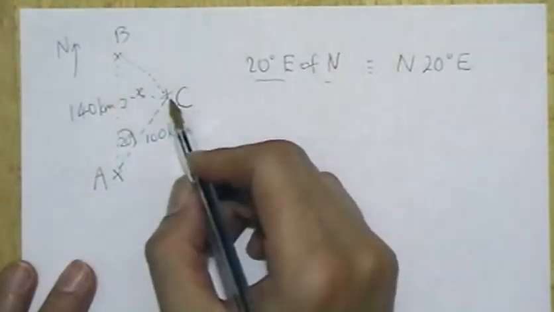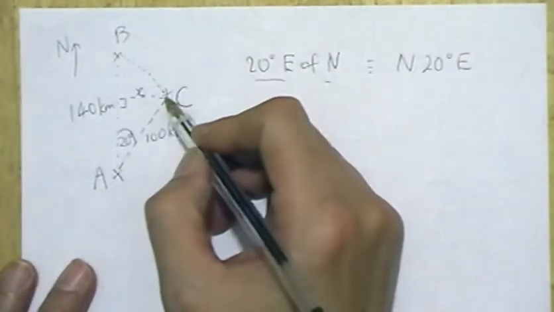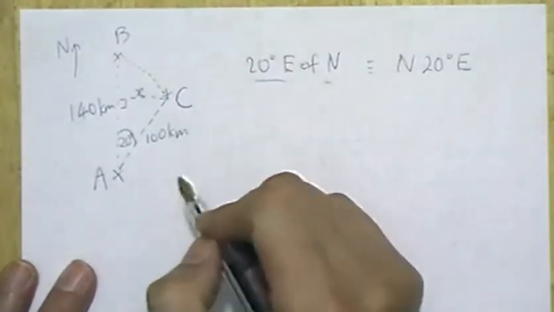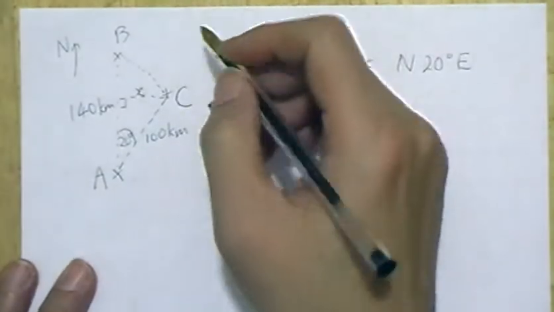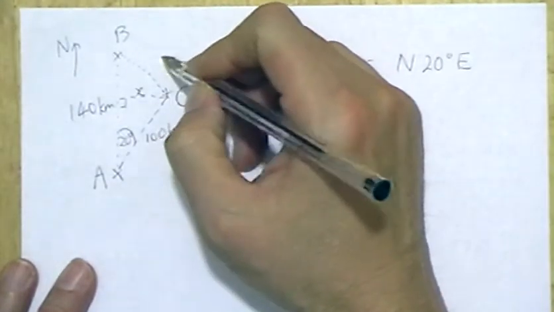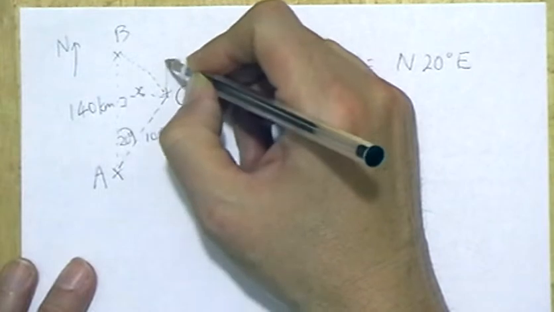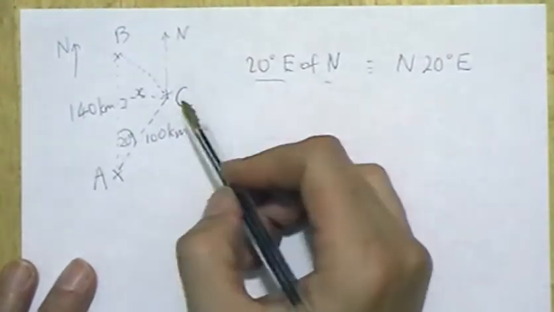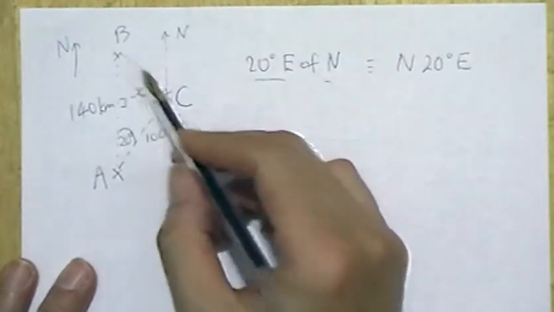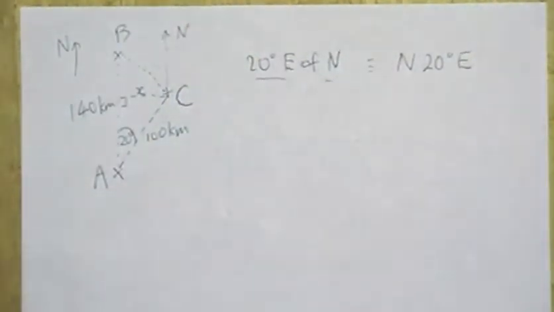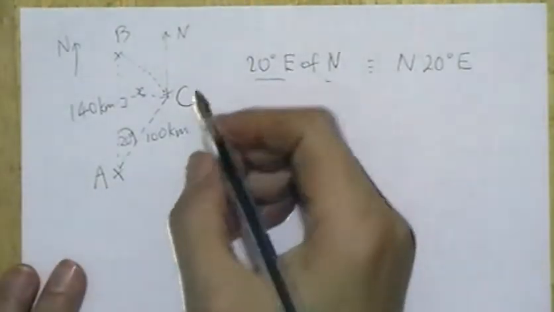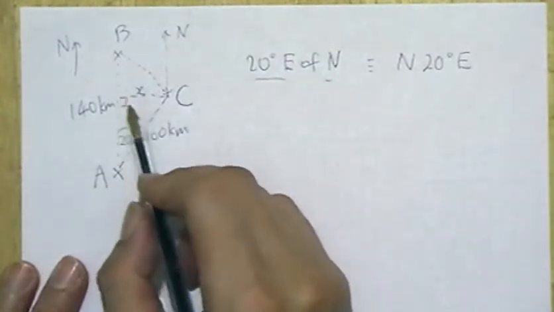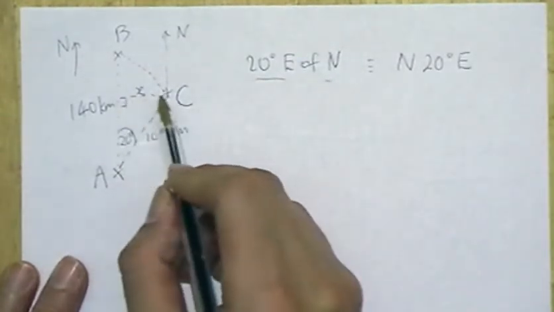And if it now has to change course, what bearing must it take in order to reach B? So that would be the north direction. So we need to find the angle between this new direction and the north. Right. So let's start by finding this distance x.